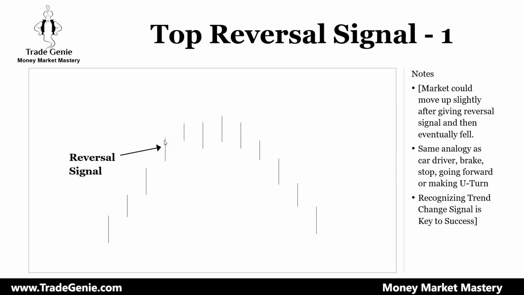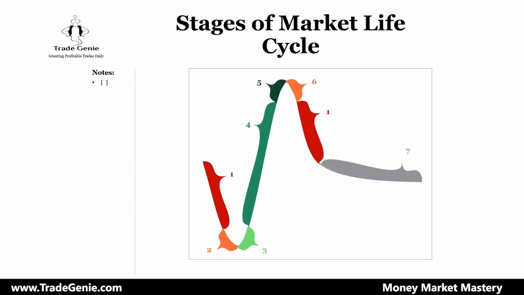So this is stage 4, and all these bars, 1, 2, 3, 4, are in stage 5 and stage 6. The reversal signal is coming here at the end of stage 4, and all the other bars are stage 5 and 6. So the distribution is happening here. So stage 5 and 6.